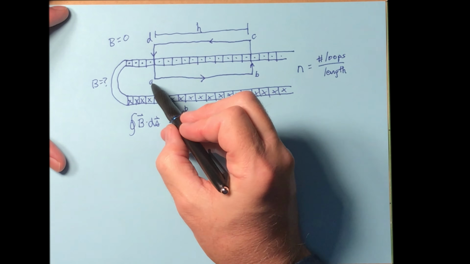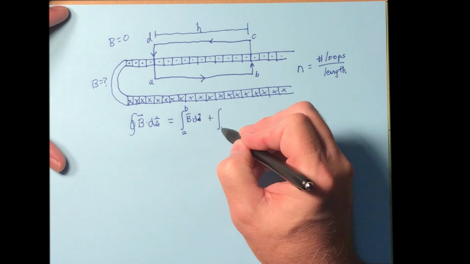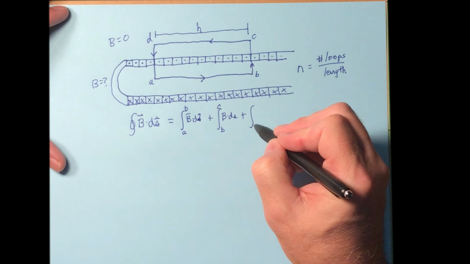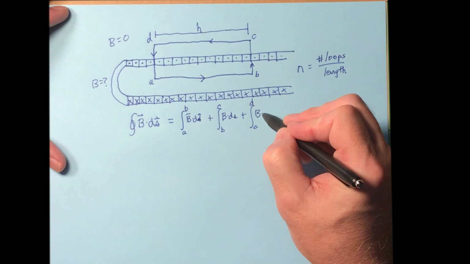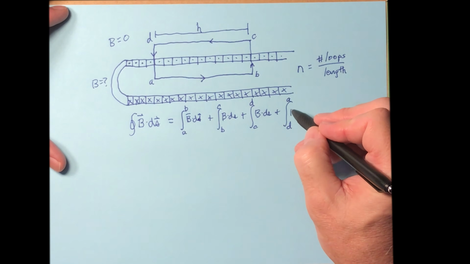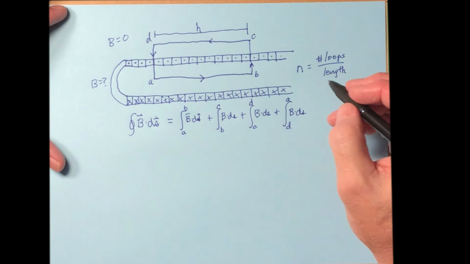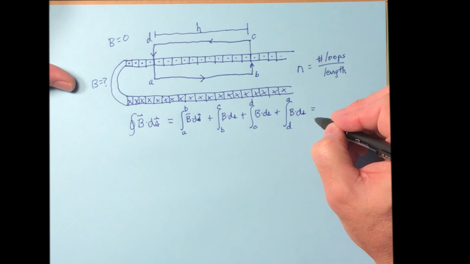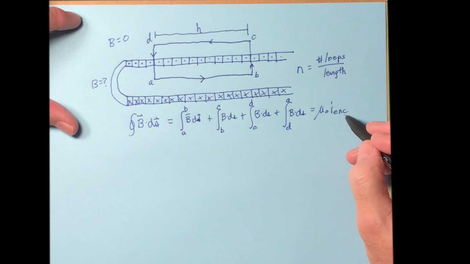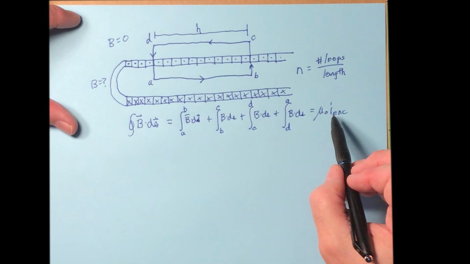So that would be the portion of the loop that's from A to B, plus from B to C, B dot ds, plus from C to D, B dot ds, plus from D back to A, B dot ds. Okay, that's just the dot product there, and that's equal to mu naught times the amount of current that's enclosed, which we'll need to take care of that right there. All right, but you'll see we'll have to add all of these together in order to figure it out.